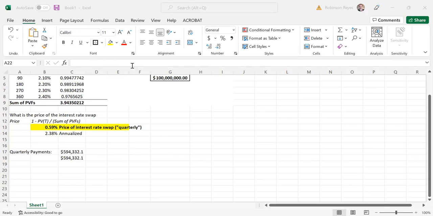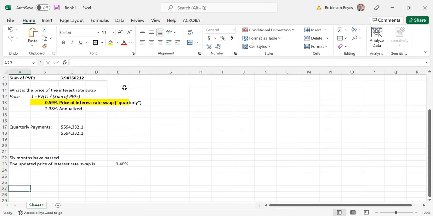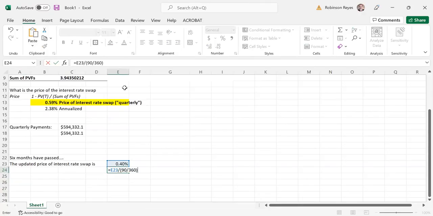Let's assume that 6 months have passed. That's a good way of doing this. And the updated price of interest rate swap is 0.4%. This is quarterly, right? Or if we divide it by 90 divided by 360, it would be 1.6 annually.